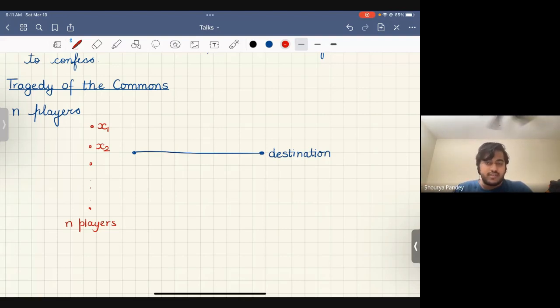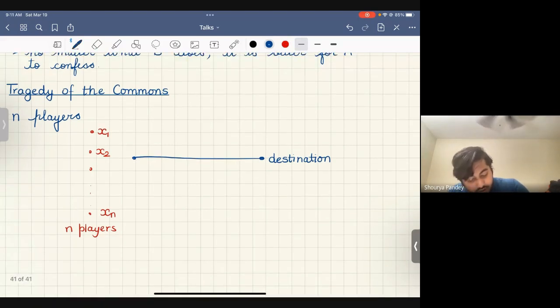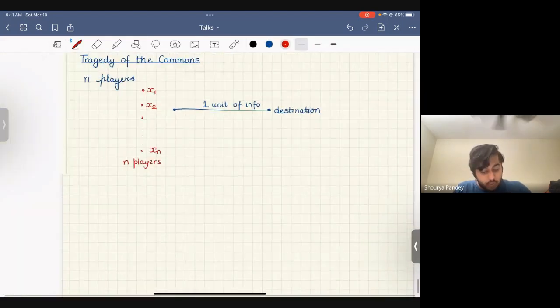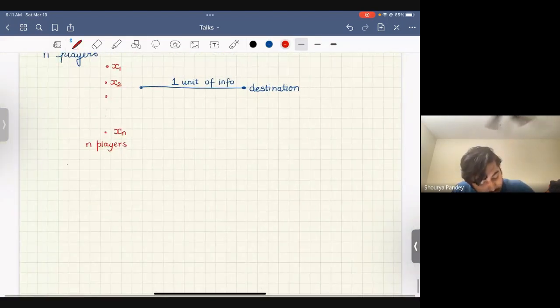Then this is xn, and the maximum capacity of information on this channel is 1 unit. This is the capacity of this channel, right? And so each of these xi can be at most 1, and we also need x1 plus x2 plus up to xn to be at most 1, right?